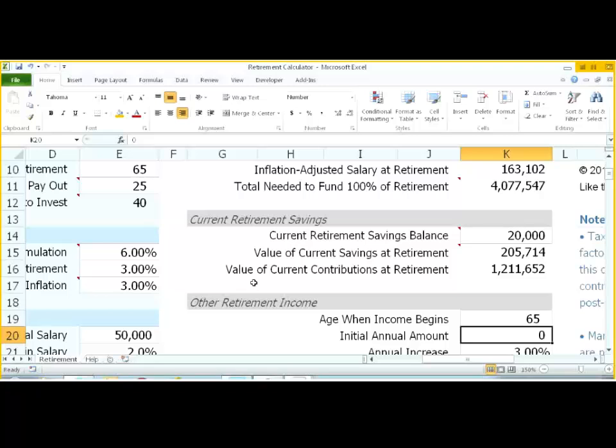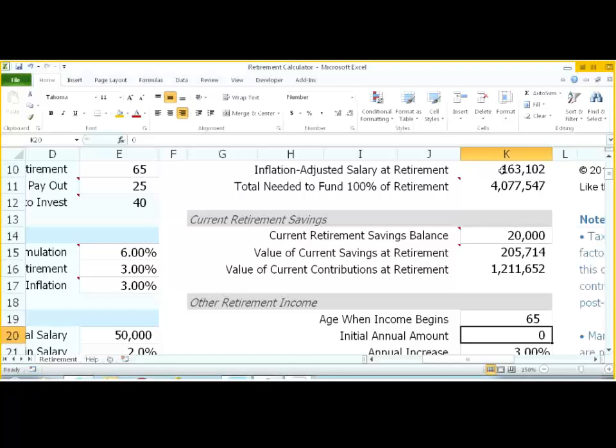So if I take $50,000 and multiply by 0.45, Social Security will be about $22,500 a year, approximately half of it. So I've got to make that other amount up, or this person's got to.